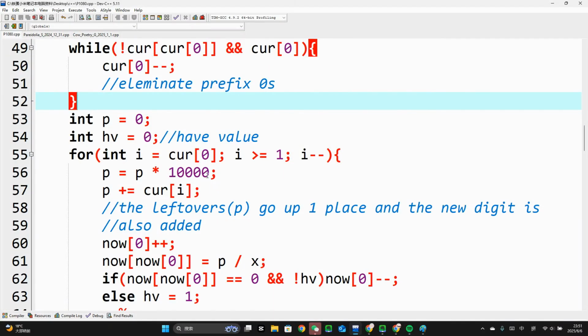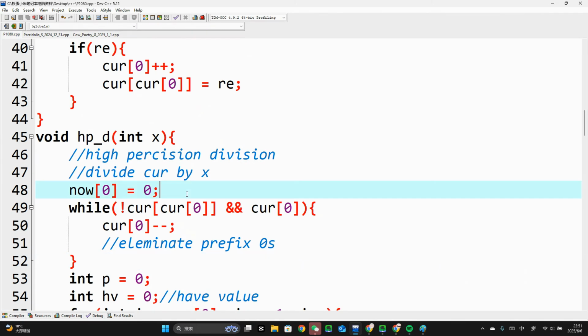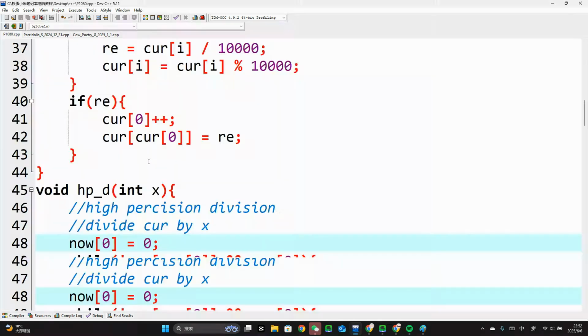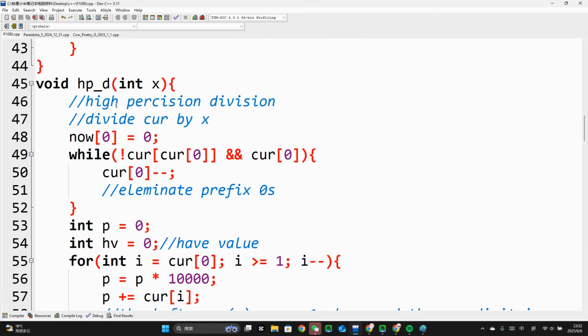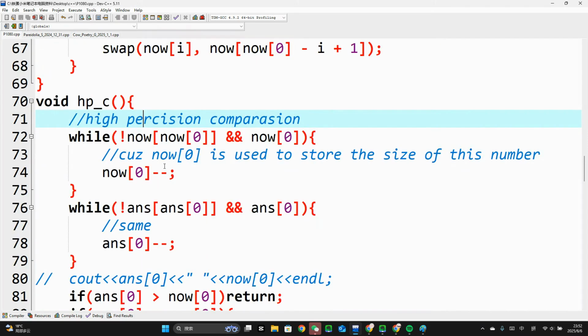In this case, it's a number with at most, I think, 4,000 digits. Obviously, you can't use any int or long to store that, so you just use an array, and you have to simulate all the multiplication and division here. So you can see high precision multiplication, high precision division, and there's a high precision comparison as well, because you have to compare them digit by digit when you store them in an array.